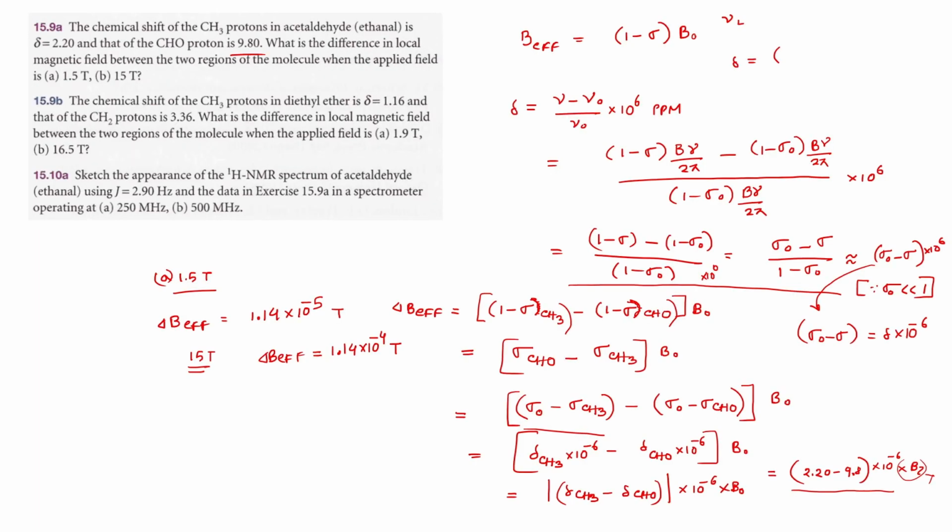So the question is like the previous one. We already know what your delta is going to be, so I'll just quickly write the formula. What we got from 15.9, that delta B effective is going to be a modulus of the two deltas. Here you have a chemical shift for diethyl ether, two kinds of protons, methyl and not ethyl, CH2.